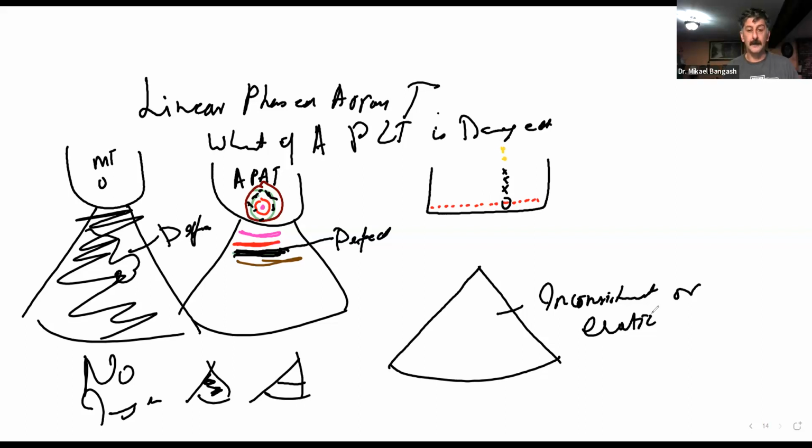Which means that there's not going to be a fixed pattern by which we'll be able to specify that this PCT here was damaged.